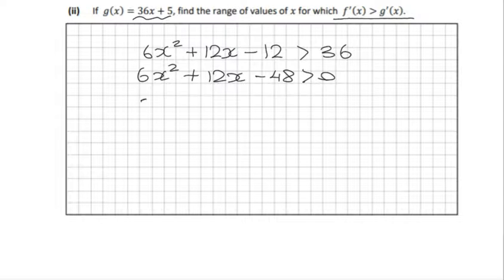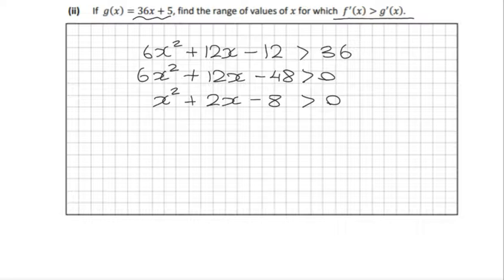And we will get, we can factor out our 6 here. So we can get x squared plus 2x minus 8 is greater than 0.